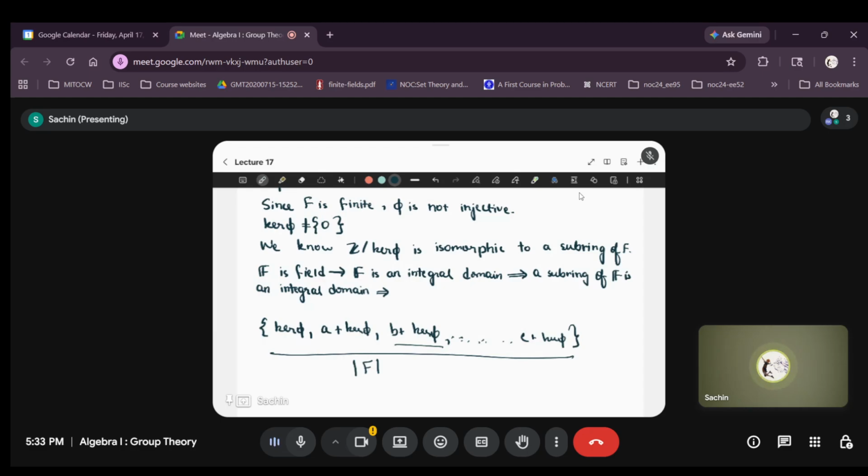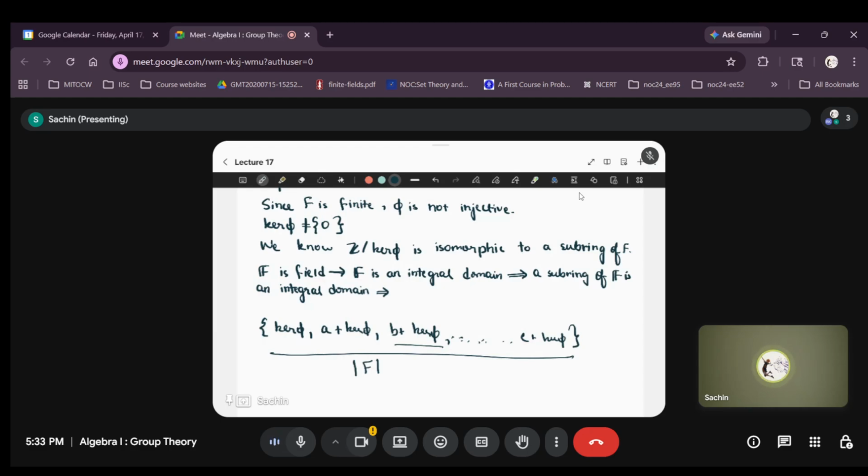So this will form a group if you define addition properly. This will form a ring if we define addition and multiplication properly. So this would give you a ring, right?